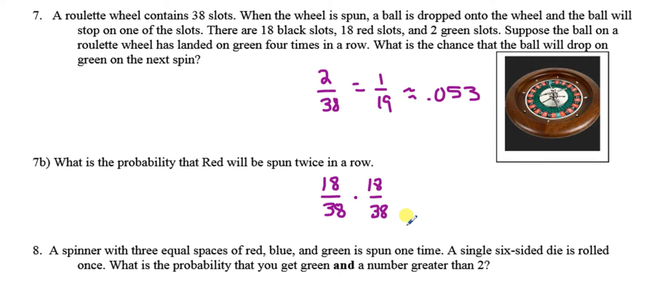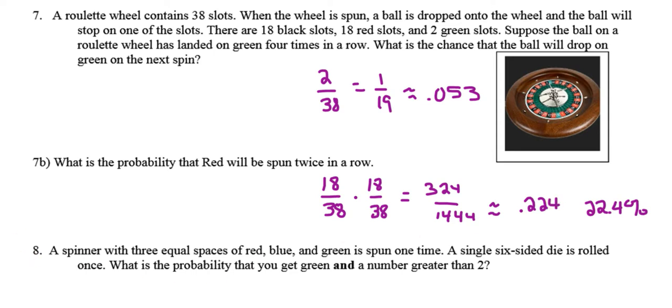And that is 324 out of 1444, or approximately 0.224. And once again, if you ever get this as a percentage, it's 22.4. So for a percentage, you always just move the decimal point over 2.